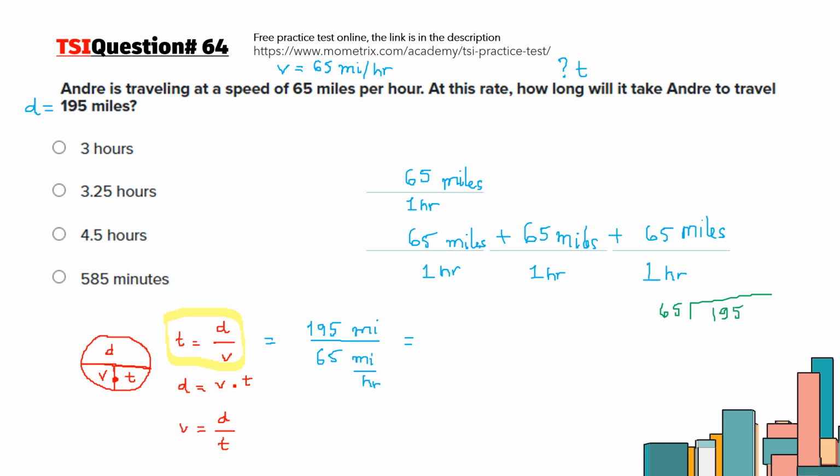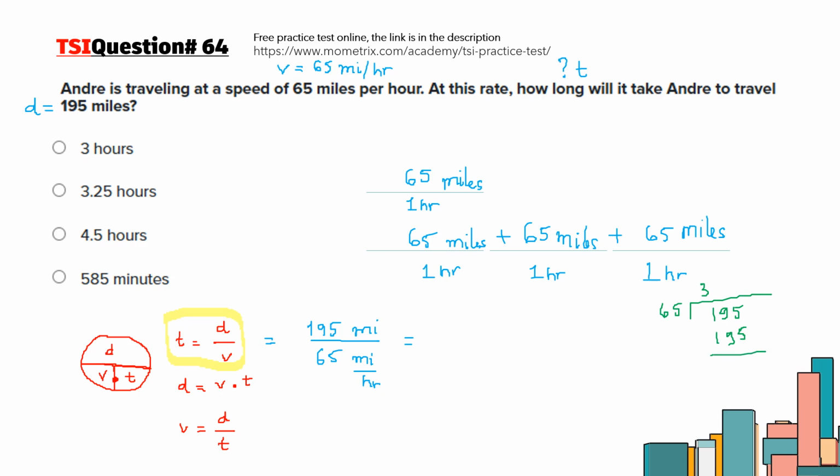195 divided by 65. 1 divided by 6 is not divisible, so we take one more digit, so it will be 19. 19 divided by 6 is about 3, because 3 times 6 is about 18. Now we complete: 3 times 5 is 15, write 5, remember 1. 3 times 6 is 18, plus the 1 is 19.